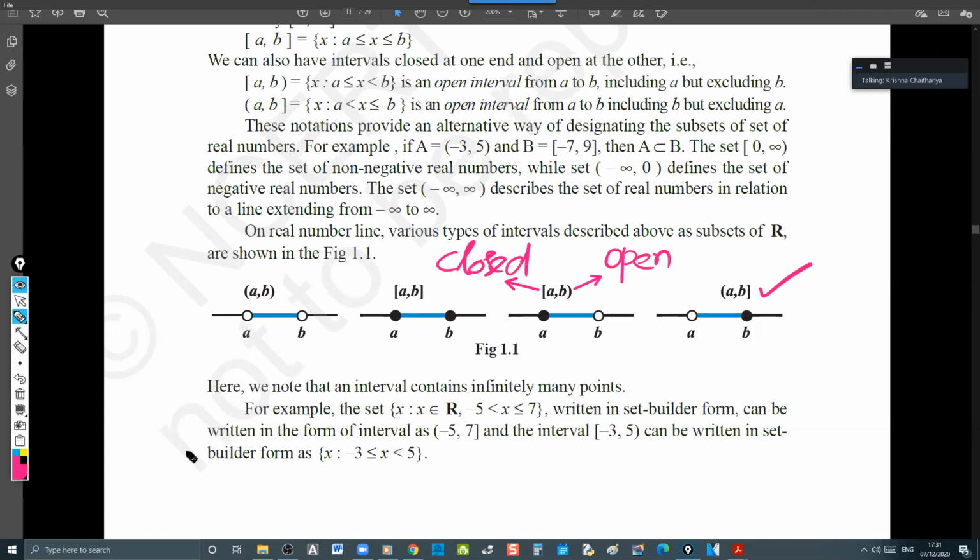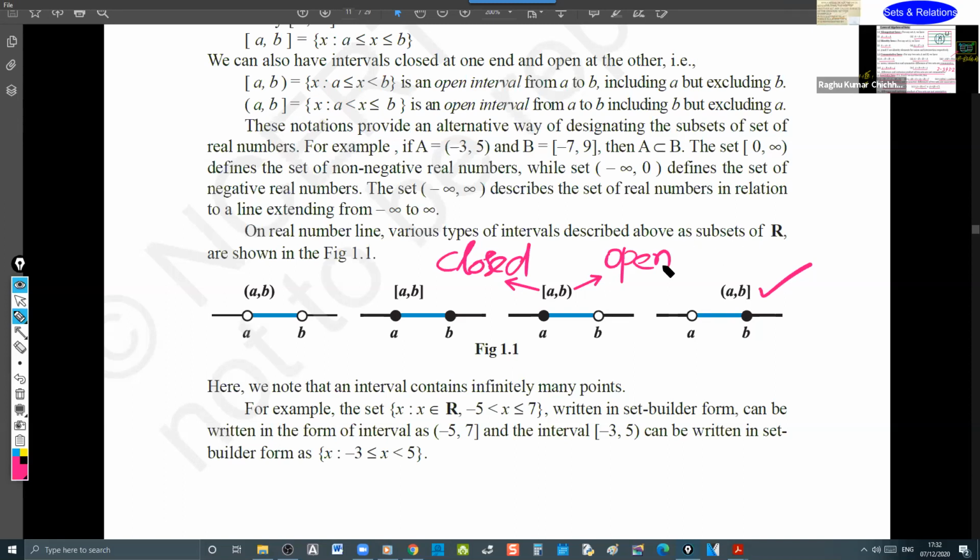Yes, sir. Open A, B closed. So it means that A is included and B is not included, and everything between A and B is also included. No, you're saying the same.